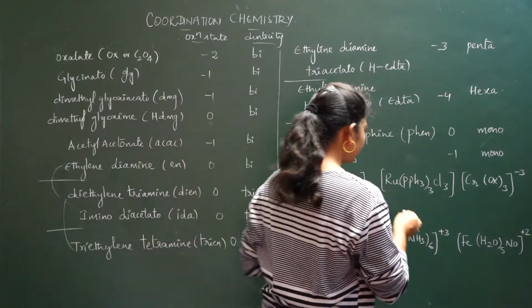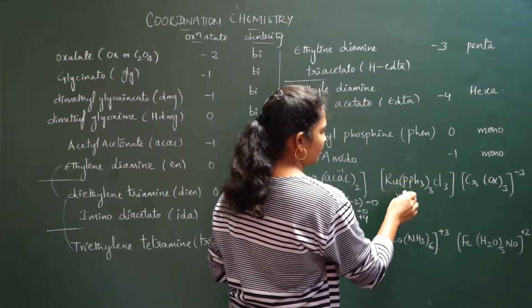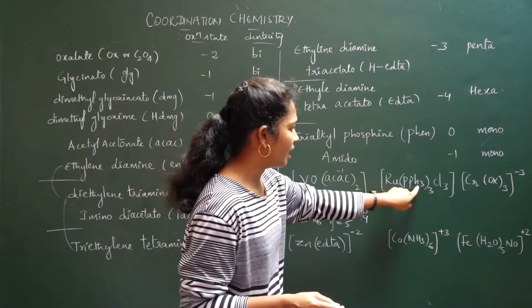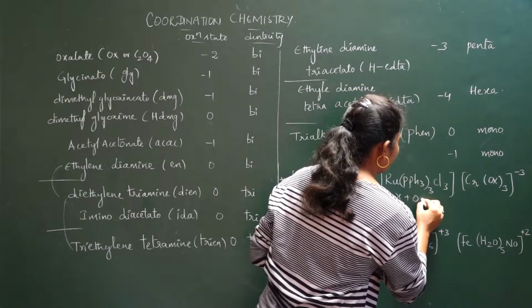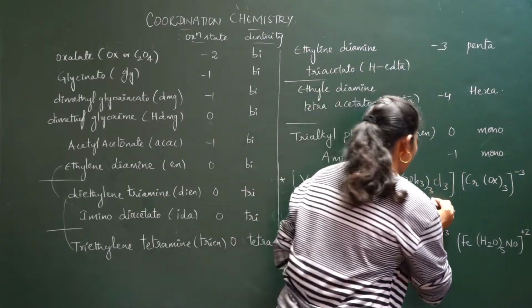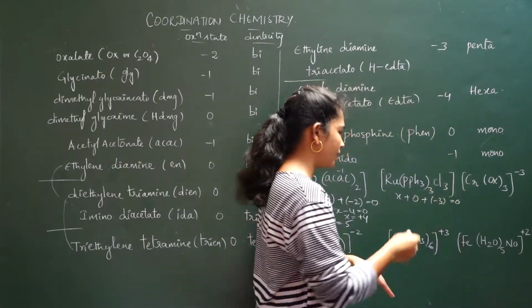Calculate fast. So this is X, PPh3. PPh3, trialkyl phosphine, is a neutral ligand, right? So neutral ligand, 3 only, plus what is the charge on the chlorine? -1, right? So -3 will come here. It is a neutral compound, so we have written 0 here.